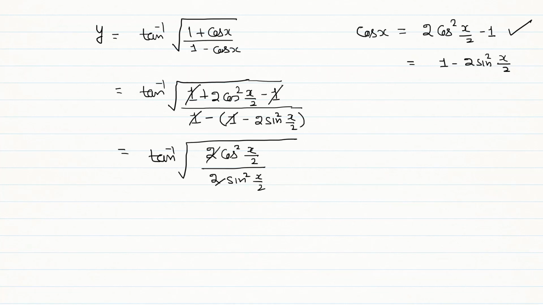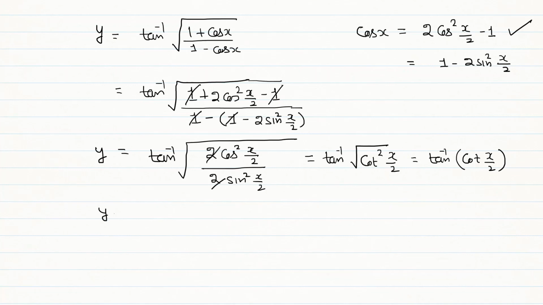So this and this gets cancelled. So this becomes tan inverse of under root of cos square x by 2 upon sine square x by 2 is actually cot square x by 2, which should give you tan inverse of just cot x by 2. Now it is tan inverse of cot x by 2, and this is still y.